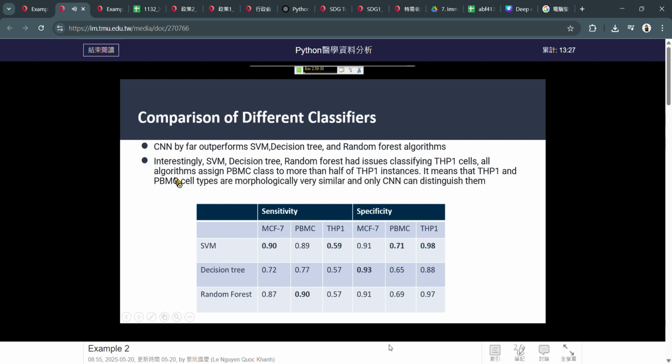So now we can compare, we calculate sensitivity and specificity for different models for different cell types. So it looks like MCF7 was the easiest one to distinguish, and you can see sensitivity and specificity for SVM is the highest. So SVM is the best model in this case.